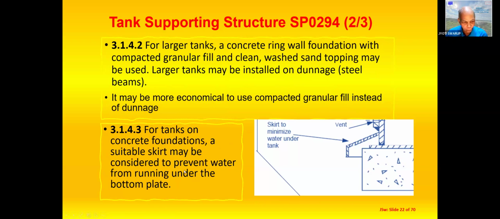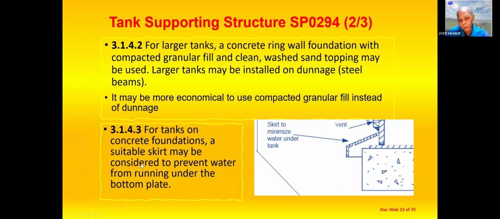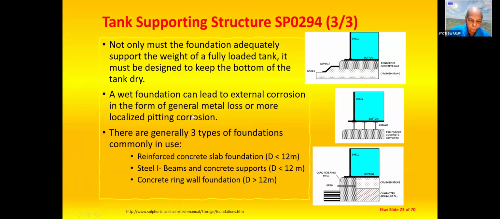For tanks on concrete foundation, a suitable skirt may be considered to prevent water from running under the bottom. So if you see this kind of skirt here, it is to minimize water below the tank bottom, because tank bottom corrosion you can't see unless you empty the tank and do the inspection.